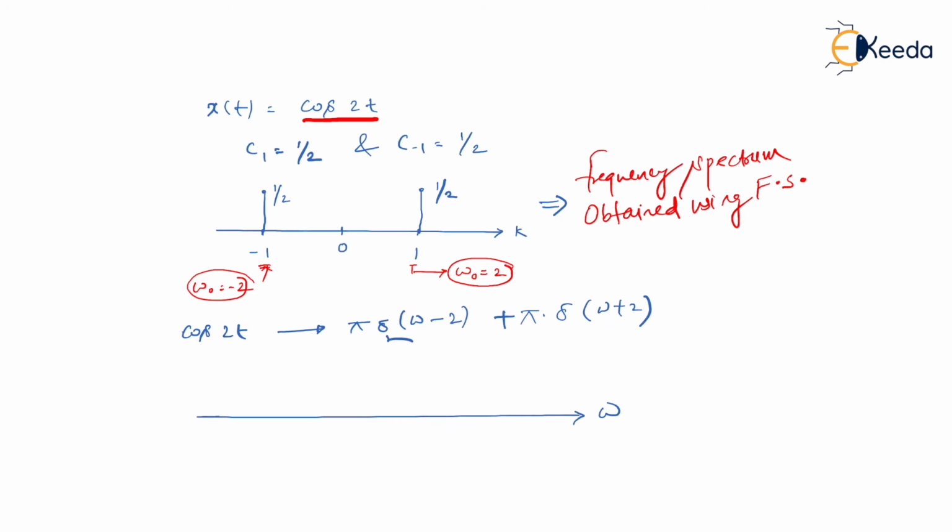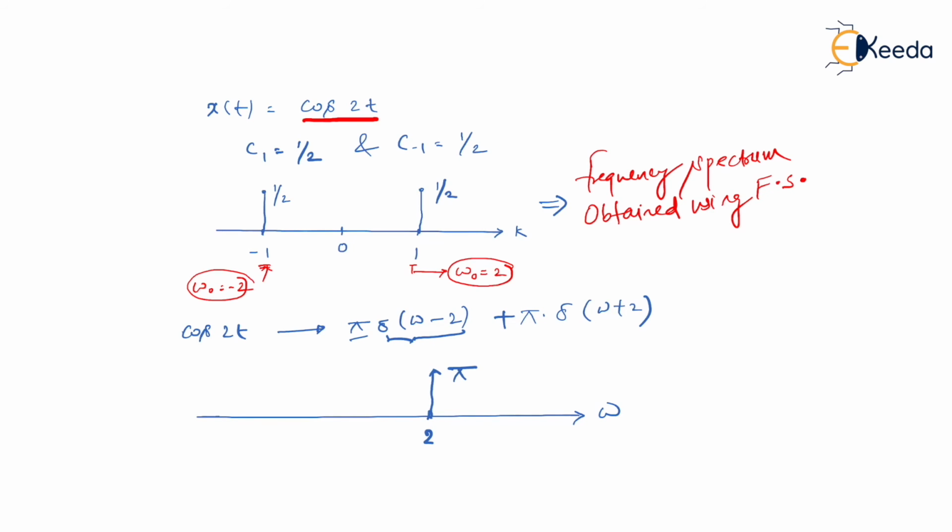This is an impulse function present at omega equal to positive 2. When I say del of omega, it is an impulse function present at omega equal to 0. But when I say del of omega minus 2, it is an impulse function present at omega equal to positive 2 with area pi. So at omega equal to 2, we have an impulse function with area pi.